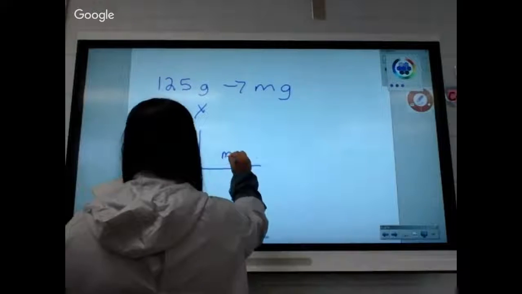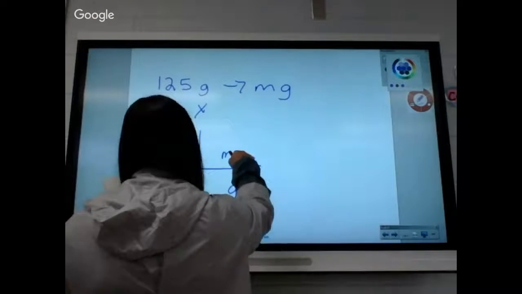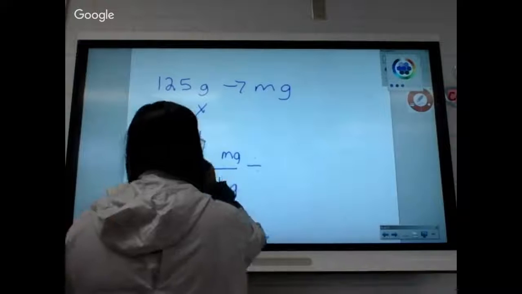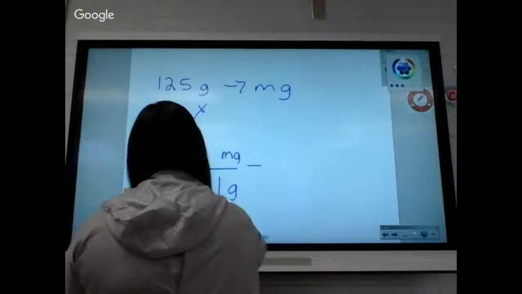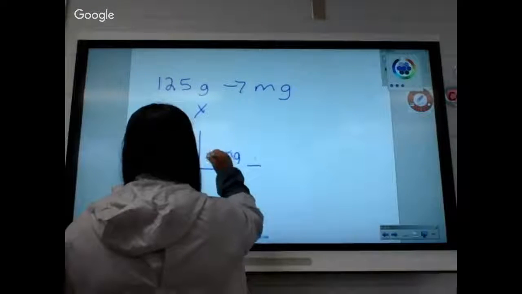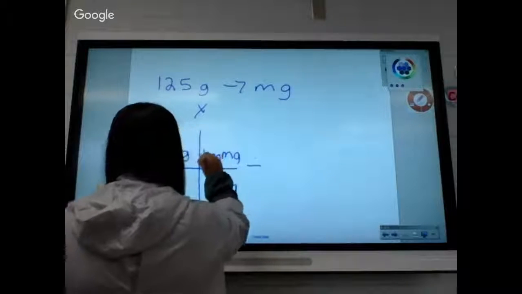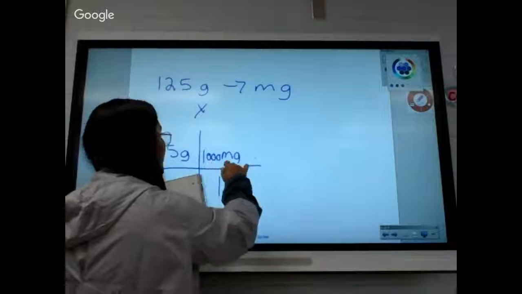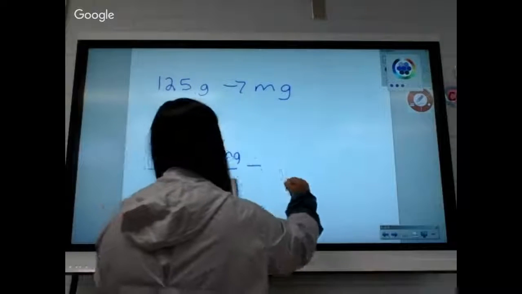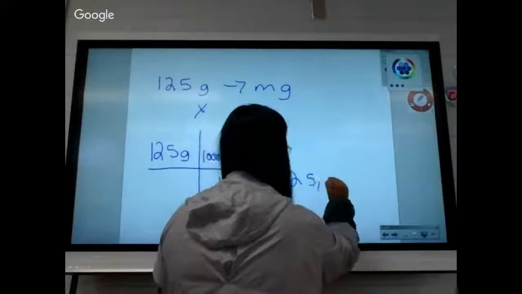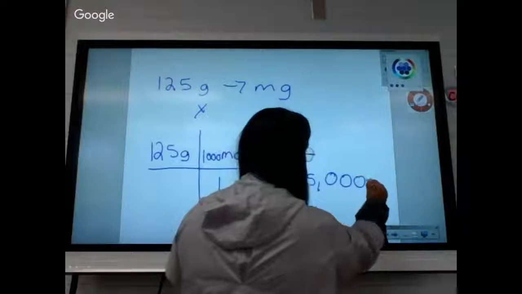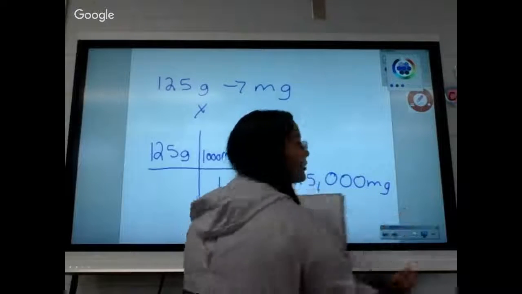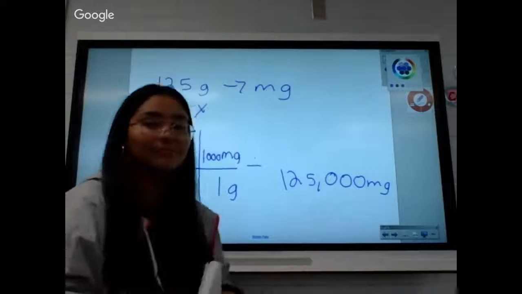You put your milligrams here. Grams is bigger than milligrams, so the 1 goes here. And the spaces between grams and milligrams is 3. And you add each 1, then 125 times 1,000 is 125,000. Any questions?